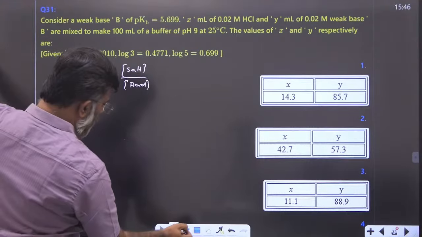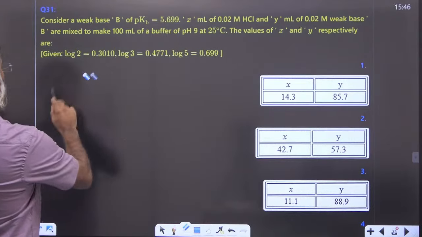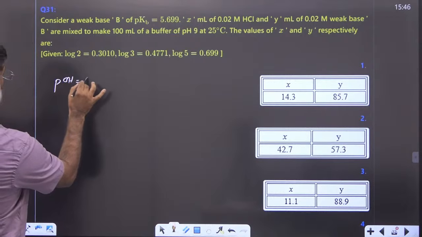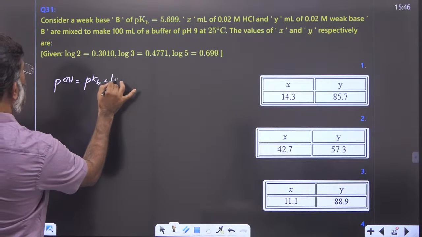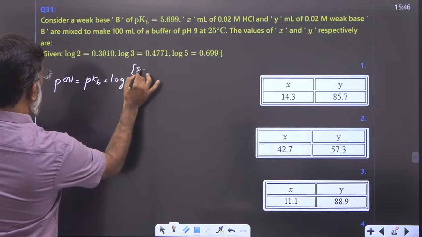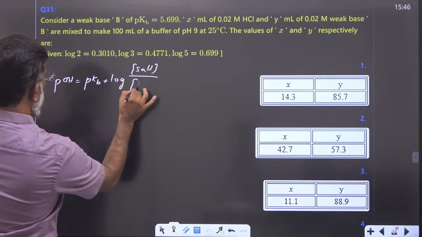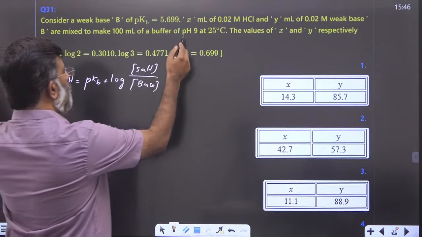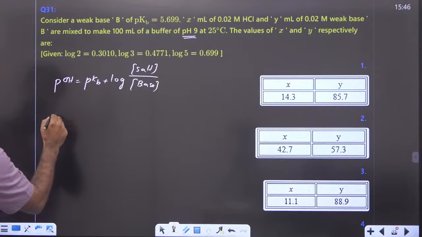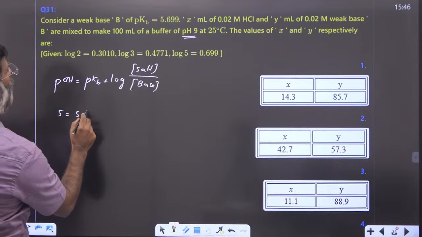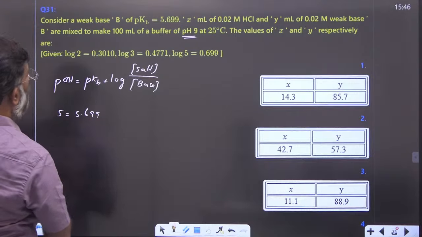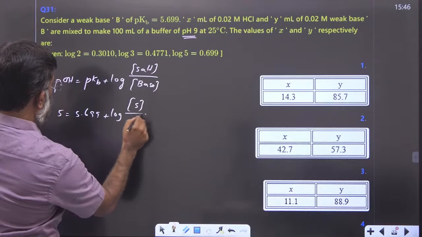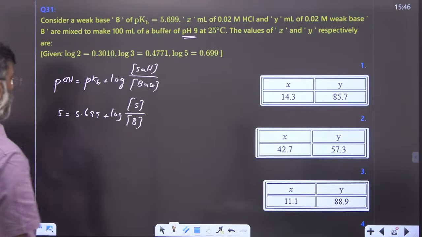But it is a base, a weak base, so it is a basic buffer. pOH is equal to pKb plus log concentration of salt by concentration of base. pH is 9, so pOH is equal to 5. 5 equals 5.699 plus log concentration of salt by concentration of base.